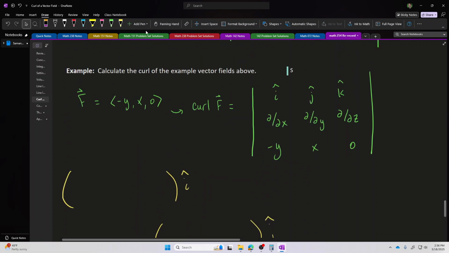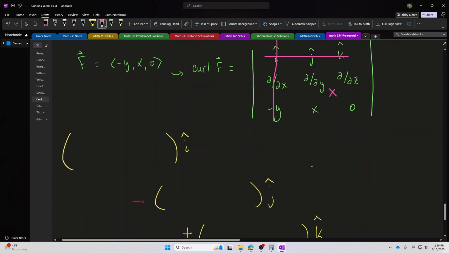Now, to figure out what goes next to i hat, we go into our matrix and we eliminate every entry that shares a row or a column with i hat, and we look just at this 2 by 2 matrix in the corner, and we take these diagonal products, d/dy of 0 and d/dz of x.